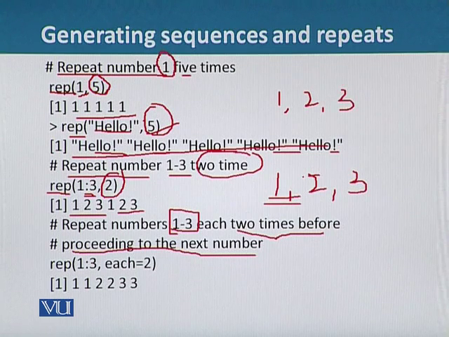For this purpose we again use the rep command. Again we write the first argument, what is to be repeated, which is 1 colon 3, and we write each equals 2. It means 1 will be repeated twice, 2 will be repeated twice, and 3 will be repeated twice, and we will get the answer: 1 two times, number 2 two times, and number 3 again two times.